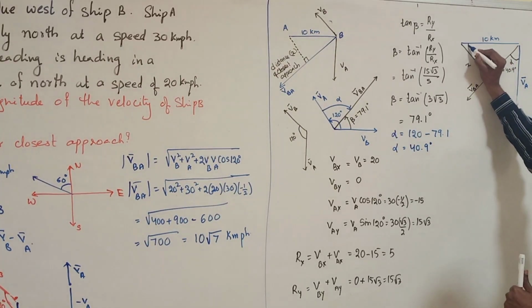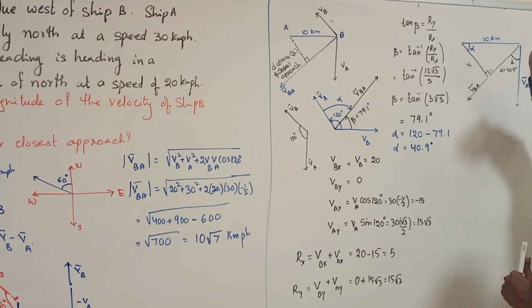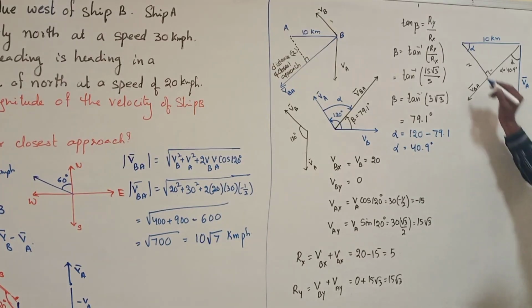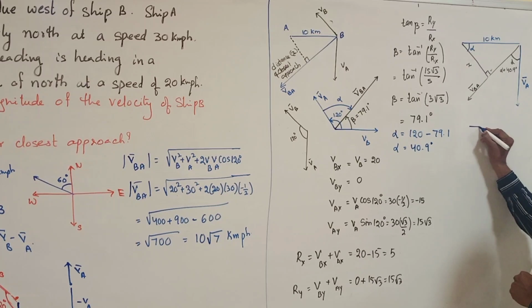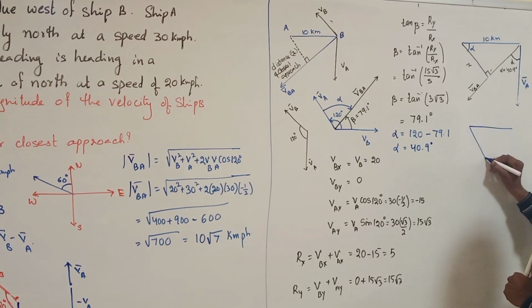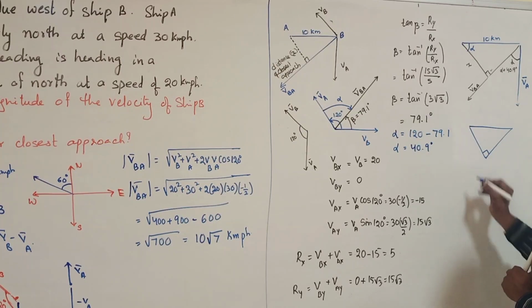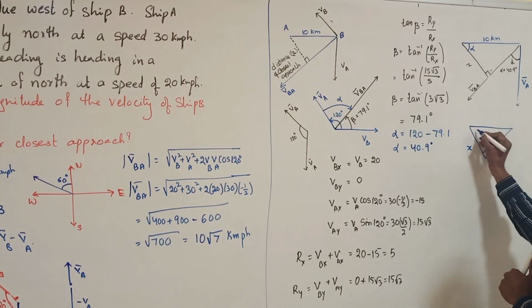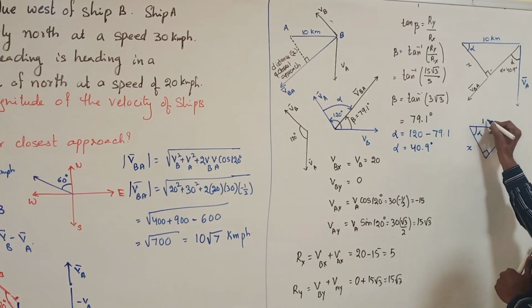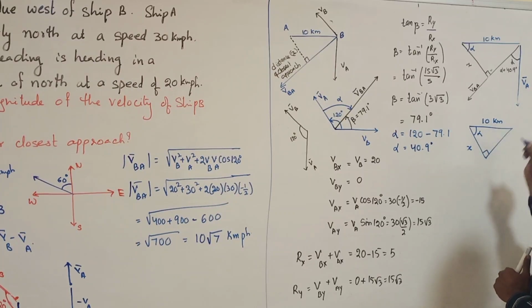Now just imagine and extract this: 90 degrees, and this is x, and this is alpha, and this is 10 kilometers.